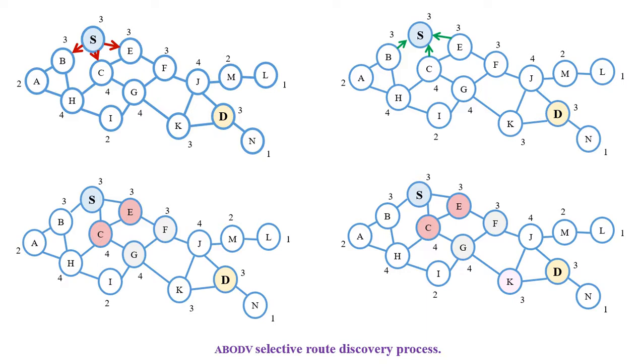So the source node S sends requesting messages to its neighboring nodes, and only the nodes with the highest number of entries are chosen. Then the neighboring nodes which were chosen inform the requesting node using a reply message about the minimum cost routes which lead to the destination.